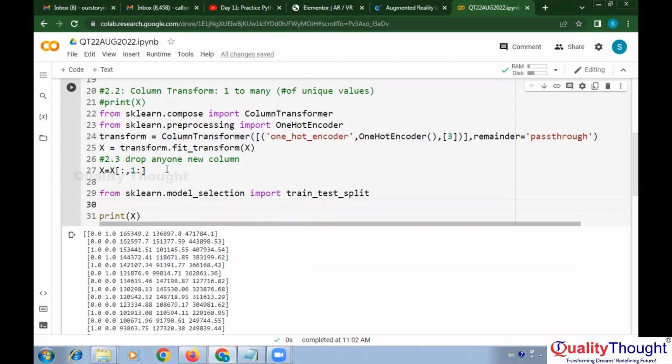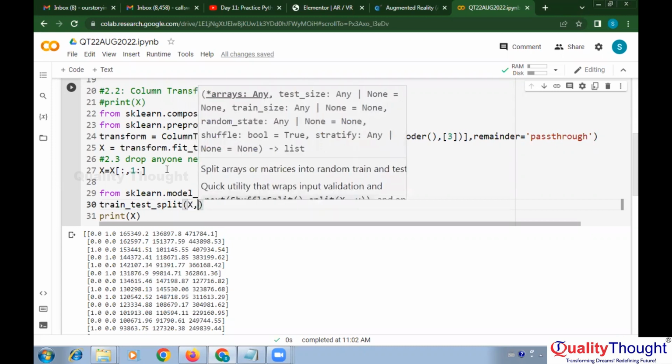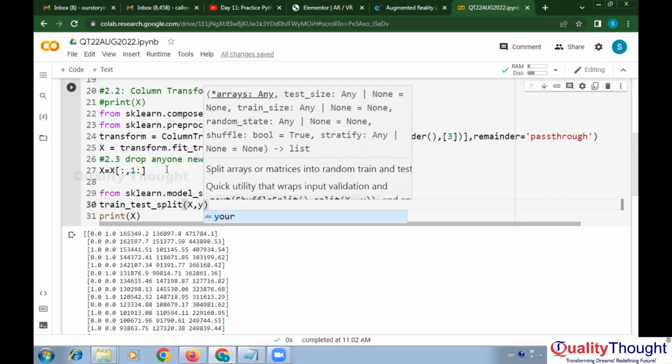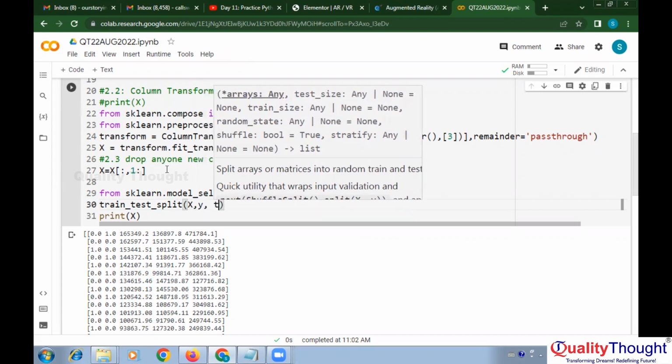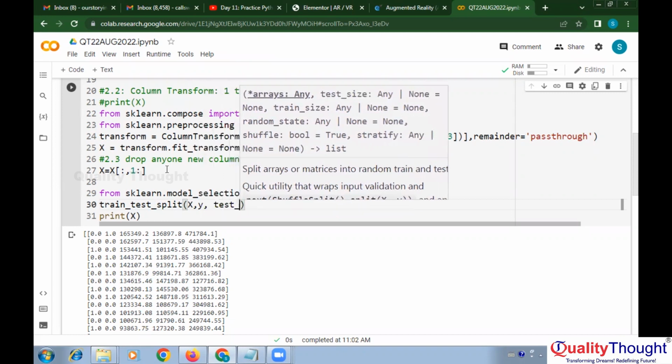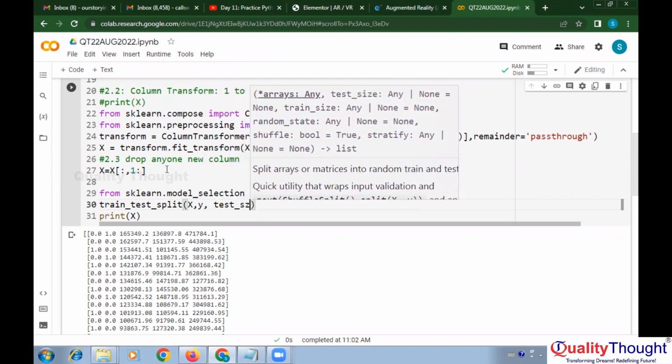Now we will split our X and y. This is the function train_test_split, and here I'm giving first X, then our y. Then what test size do you want to give? 20%, 25%, 30%, 50%, you can decide.